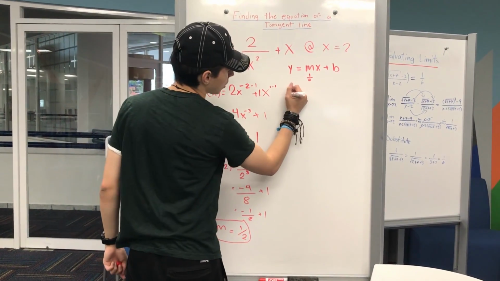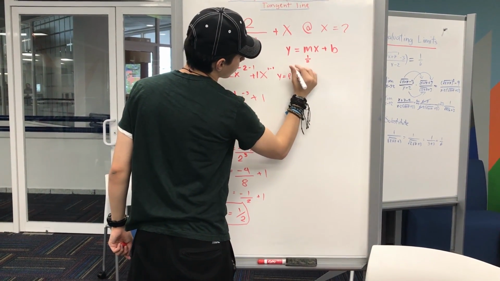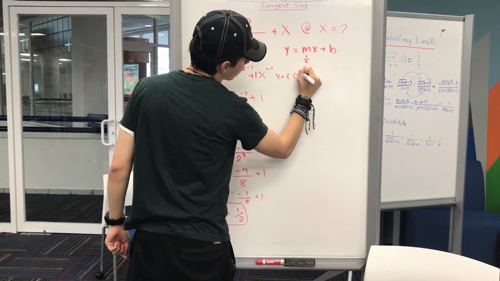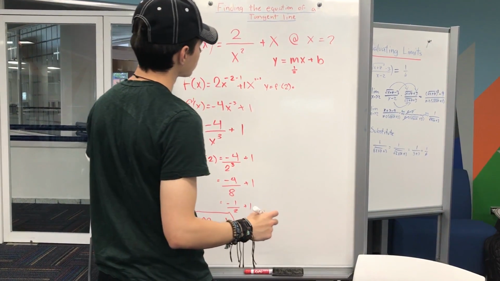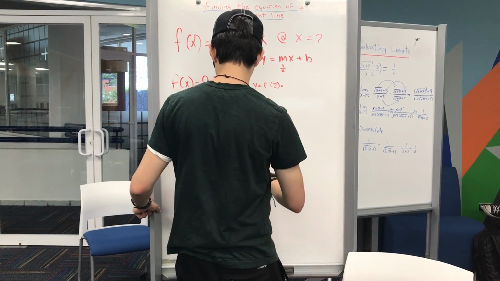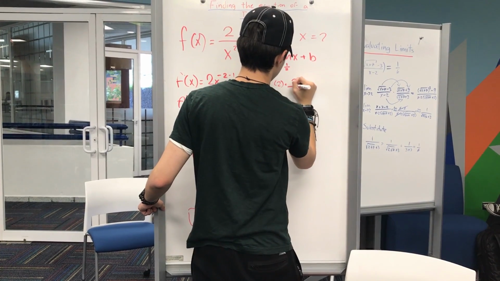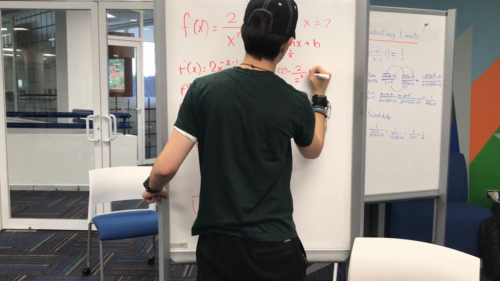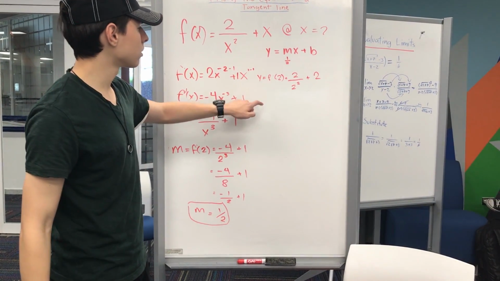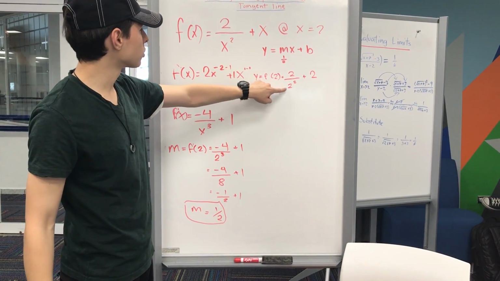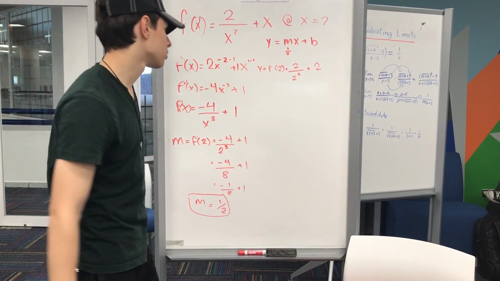So it'll be something like y equals 2 over 2 to the power of 2 plus 2.